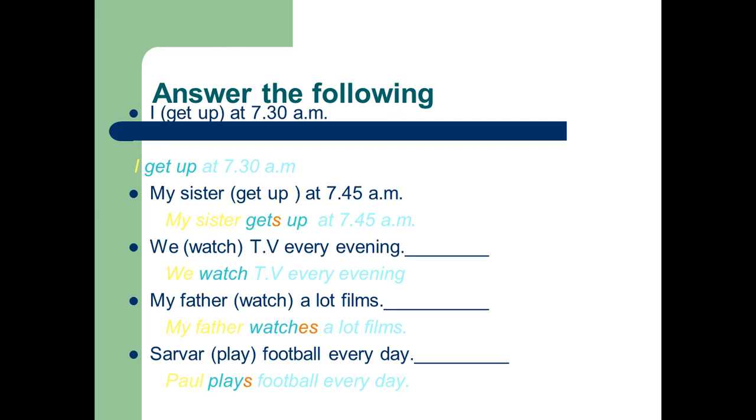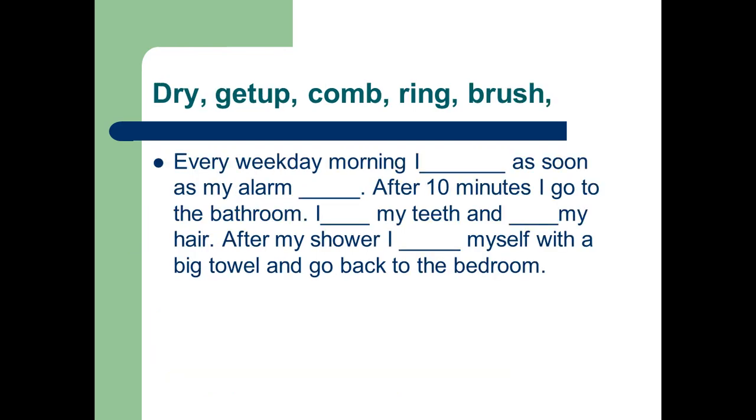Mening dadam ko'p kinolar tomosha qiladi. Paul plays football every day. Paul har kuni futbol o'ynaydi. So you should fill in the gaps with verbs using try, get up, come, ring, brush. Berilgan fe'llar yordamida gaplarni to'ldiring.